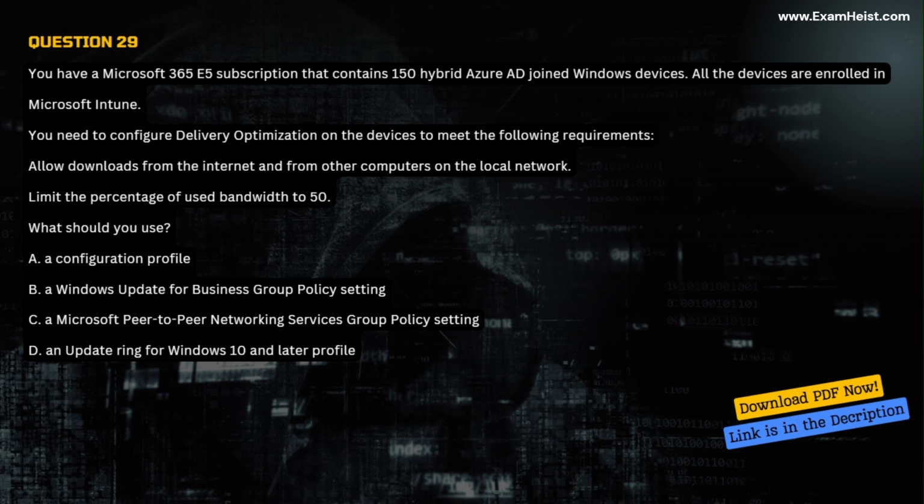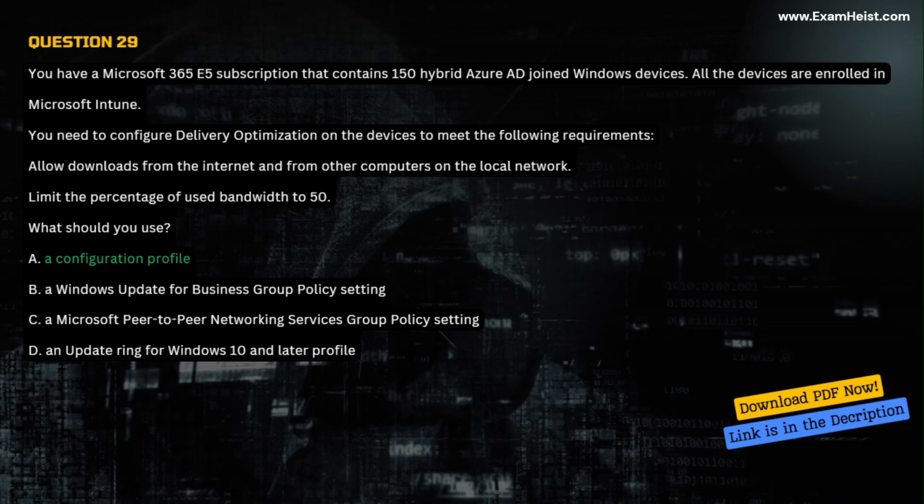Limit the percentage of used bandwidth to 50. What should you use? A. A configuration profile. B. A Windows Update for Business group policy setting. C. A Microsoft peer-to-peer networking services group policy setting. D. An update ring for Windows 10 and later profile.